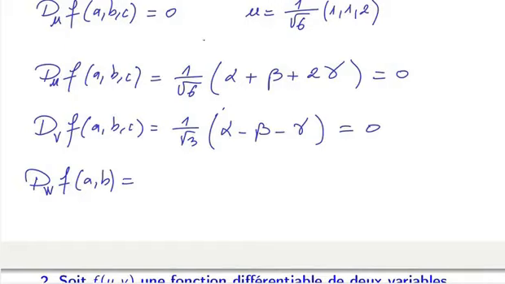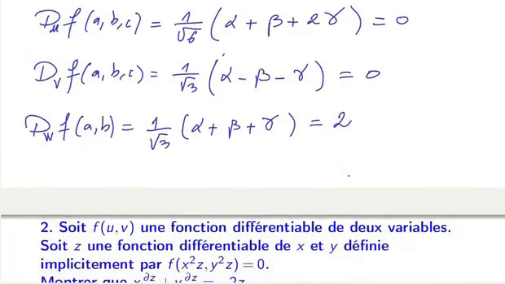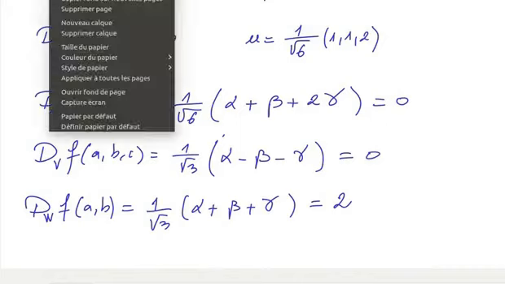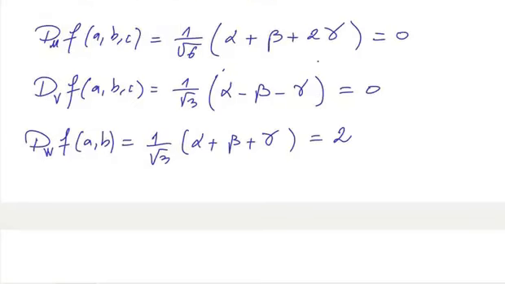Which gives us 1 over square root of 3 times (alpha plus beta plus gamma) equals 2, because the text tells us that this derivative is equal to 2. So alpha, beta and gamma are solutions of the following linear system.